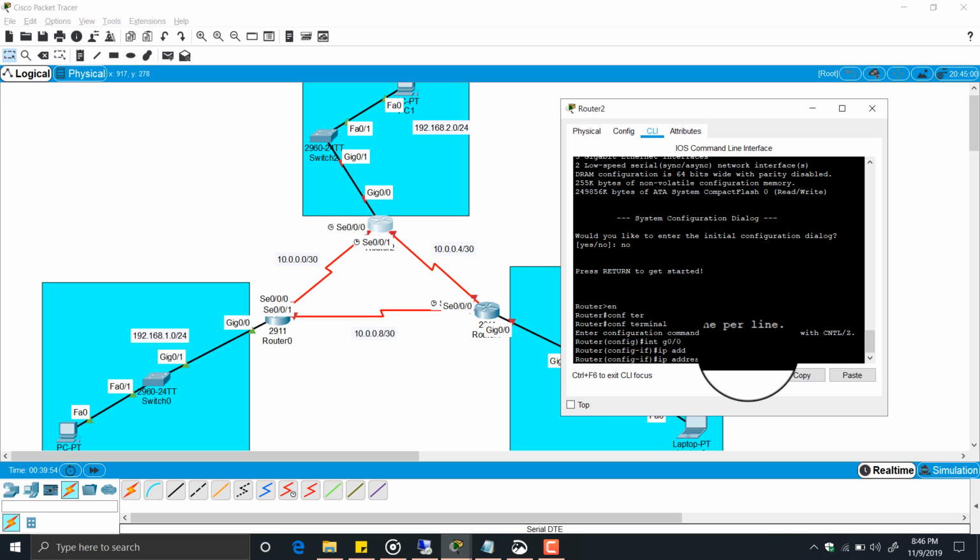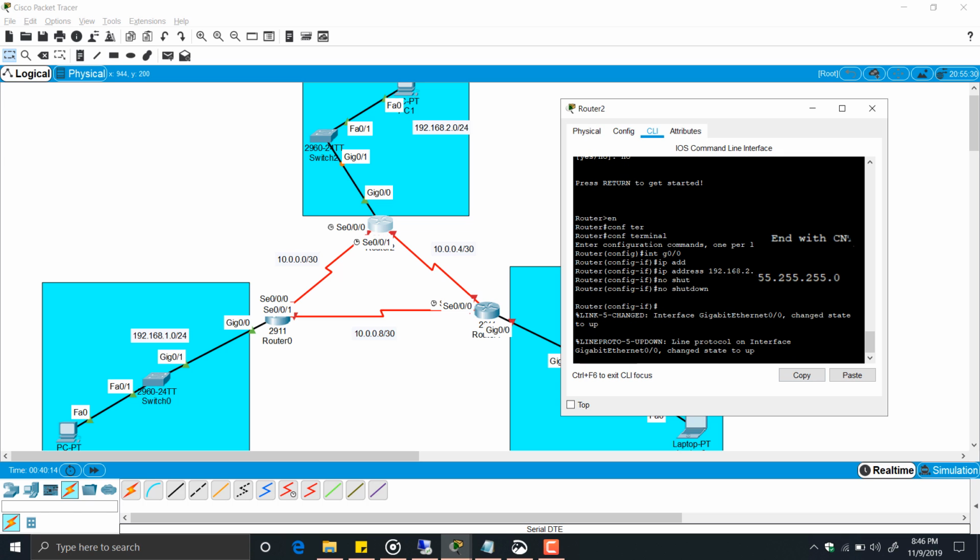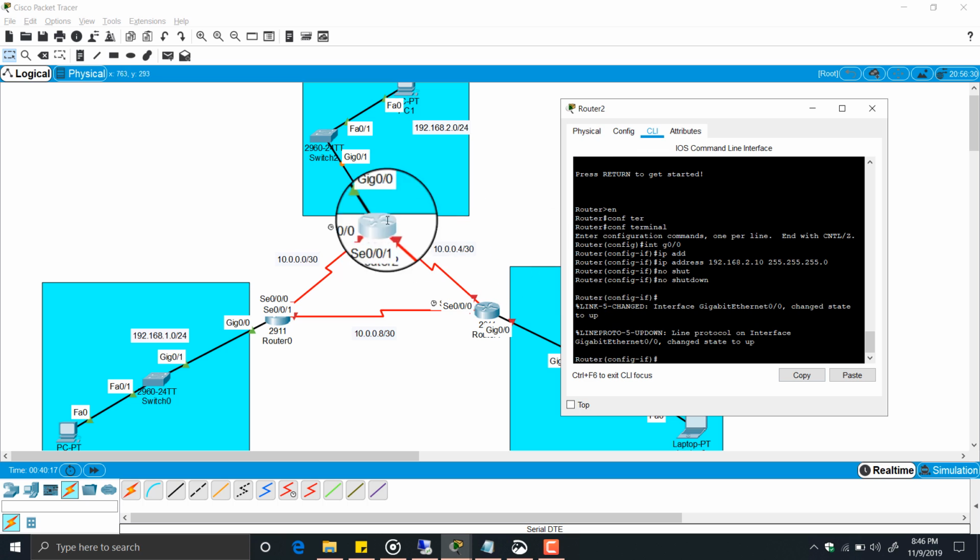Now I'm going to assign it an IP address, 192.168.2.10. Okay, 255.255.255.0. That's because we are following the tags. Remember. Now we're going to turn it on. No shutdown. Okay. So the interface is now on.